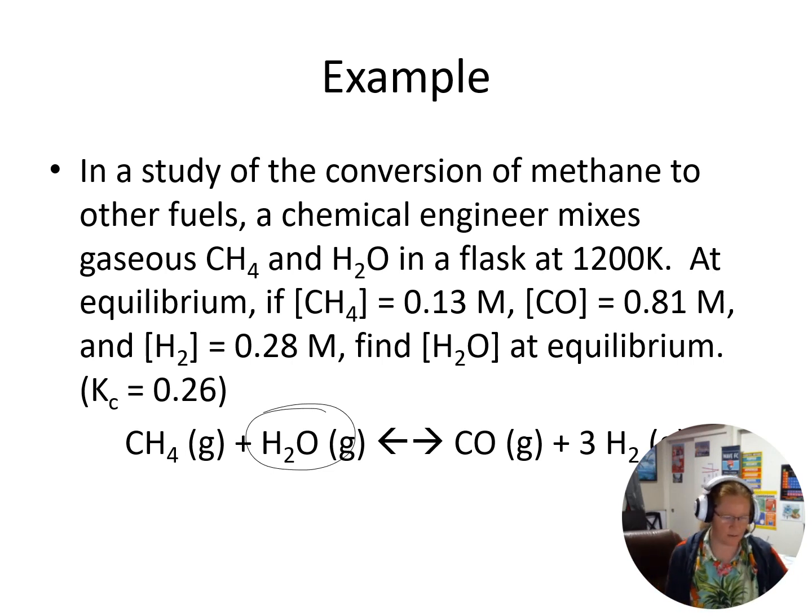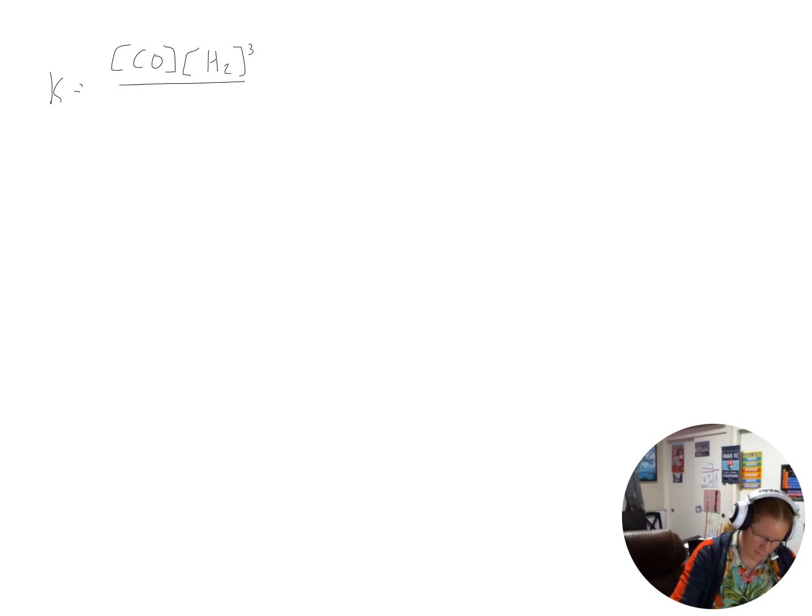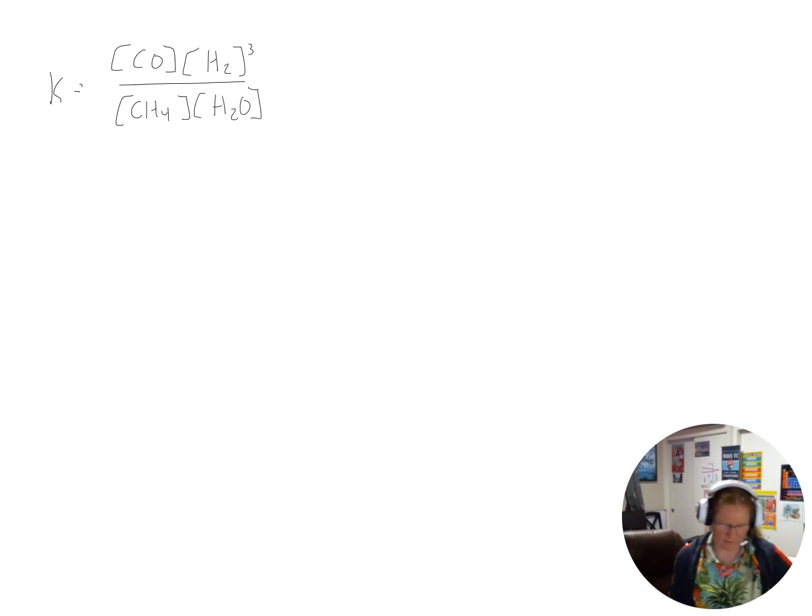All right, so what we need to do is first write our K expression. Okay, so there is our K expression. So now we need to solve for the H2O.